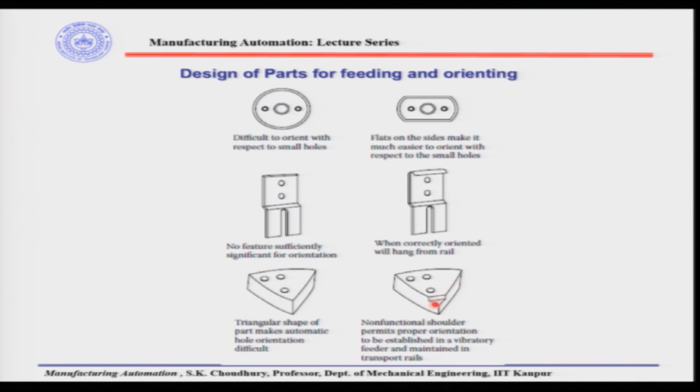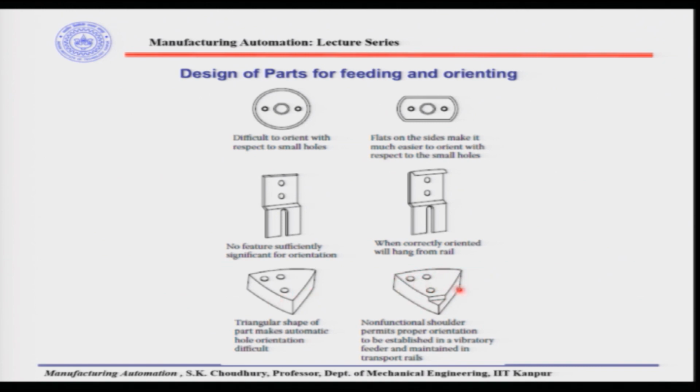If we make a small non-functional change and make a small shoulder like this, this surface can be used as a base to orient the triangular part with respect to these holes, for example.